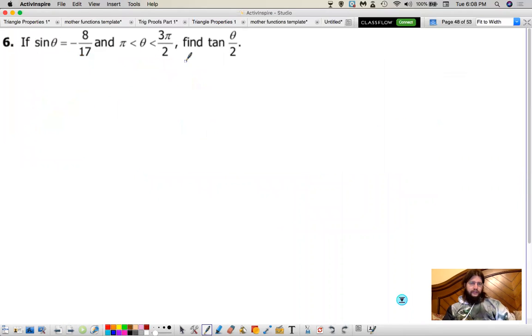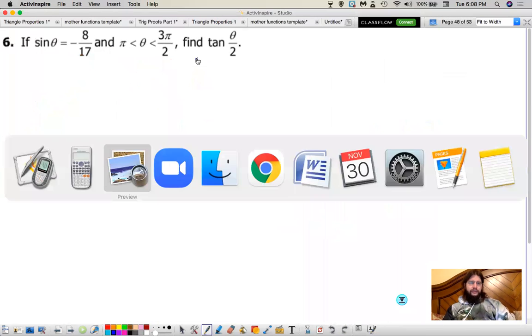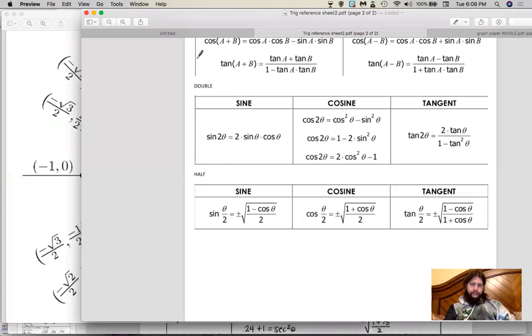Let's see. Okay, where are we at for this one? Tangent of theta over 2. Let's grab that formula.